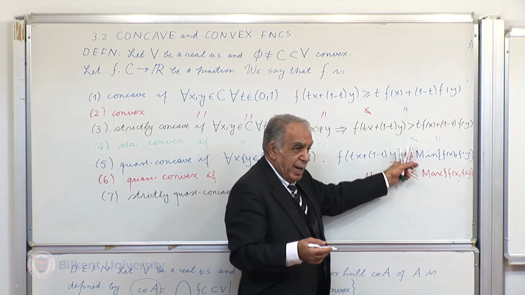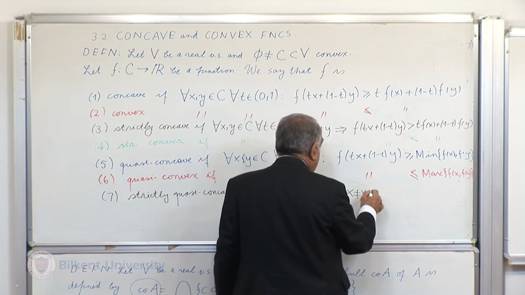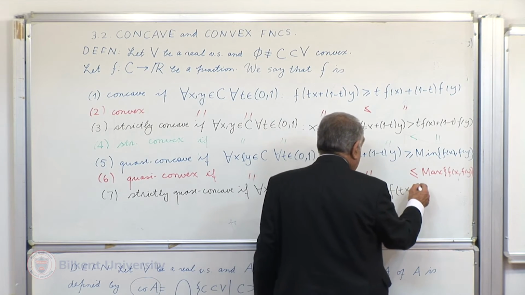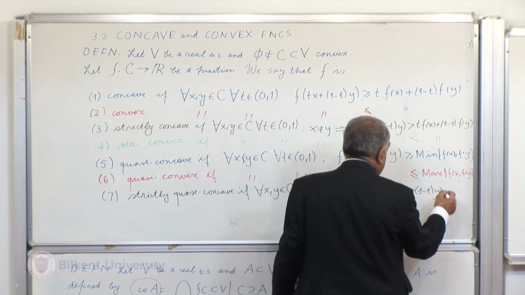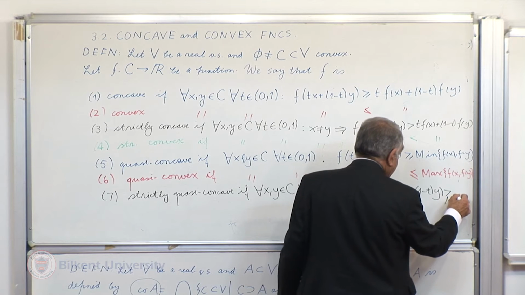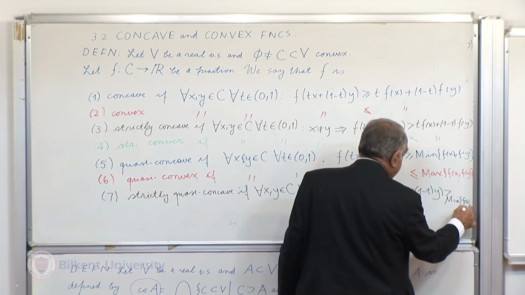But then you'll have equality. So again, x different than y should imply that f of tx plus (1 minus t)y is larger than the minimum of f of x, f of y.